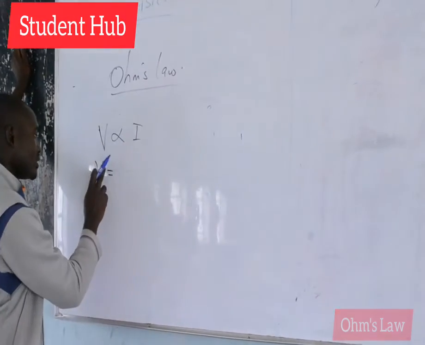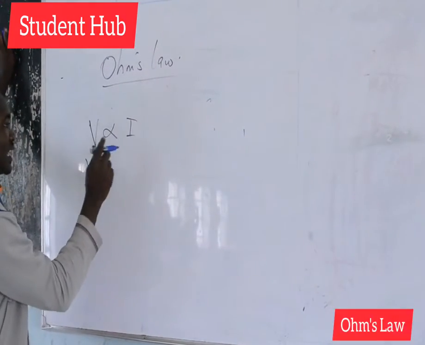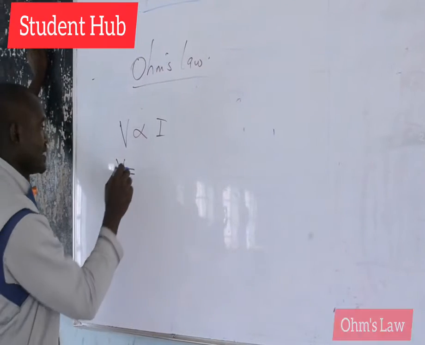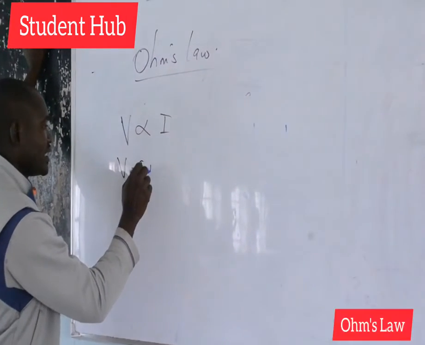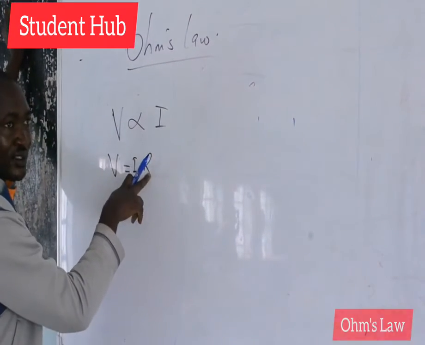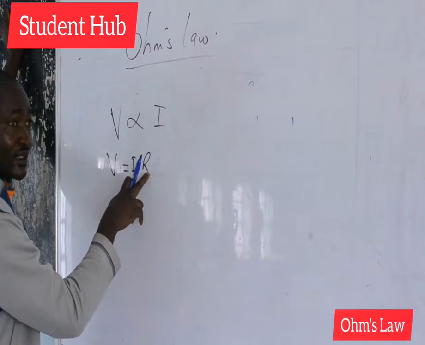We add an equal sign and we introduce what? A constant. The constant now is R.